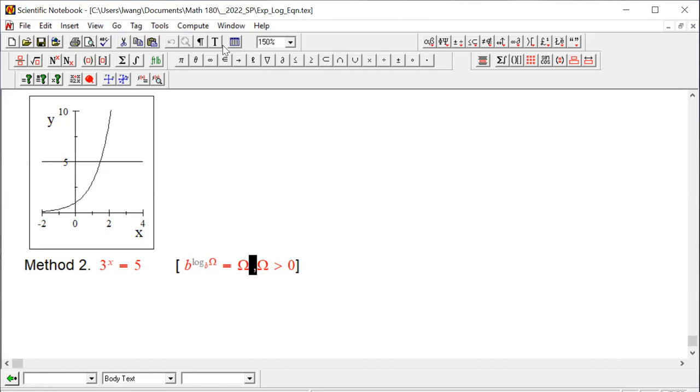But this also tells us that any positive number can be represented this way. So 5 is no exception.